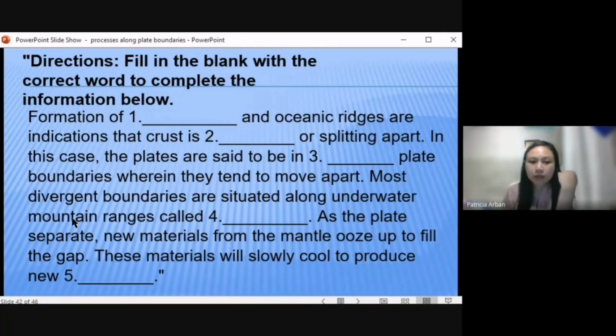Remember, underwater mountain ranges are also referred to as oceanic ridges. As the plates separate, new materials from the mantle ooze up to fill the gap. The materials will slowly cool to produce new seafloor or ocean floor. Okay, so remember that.